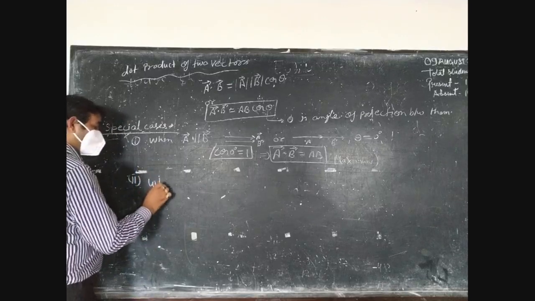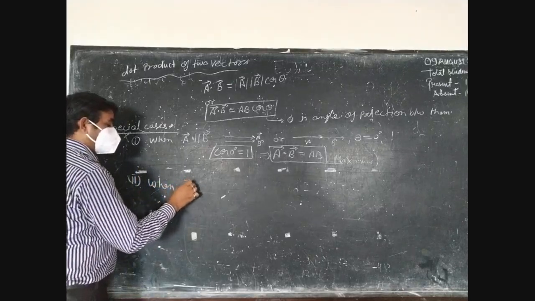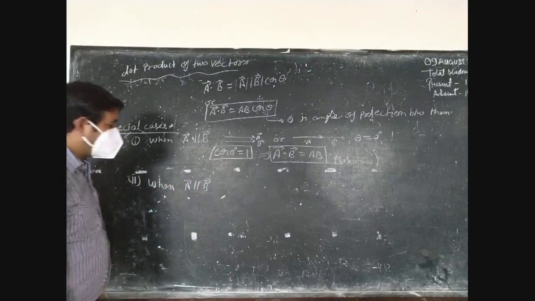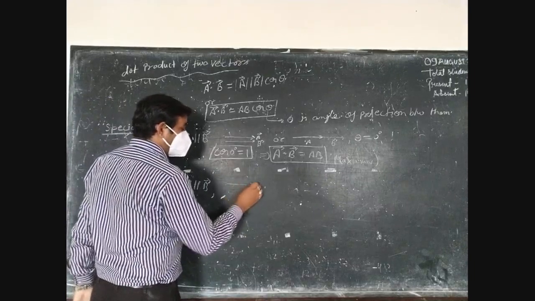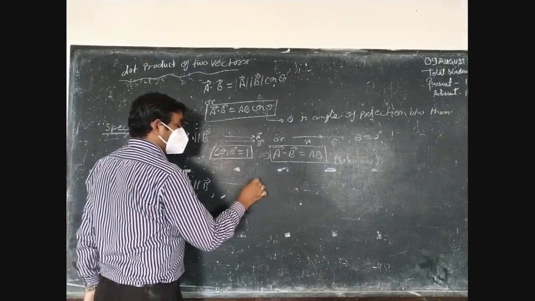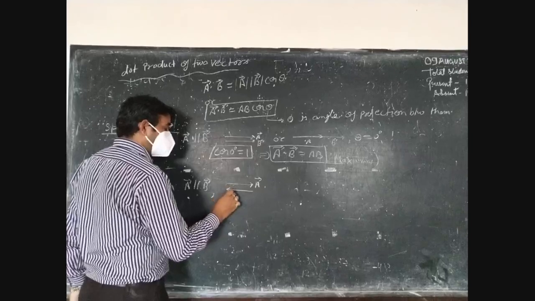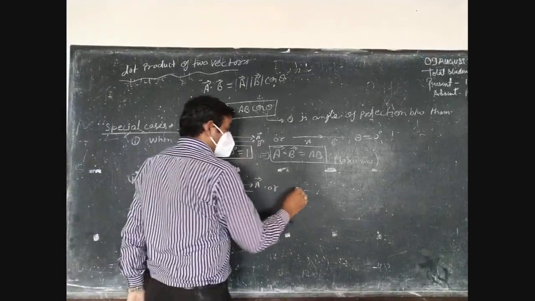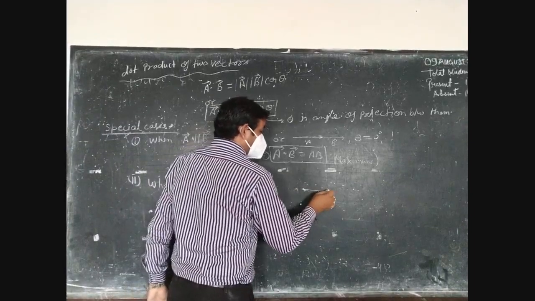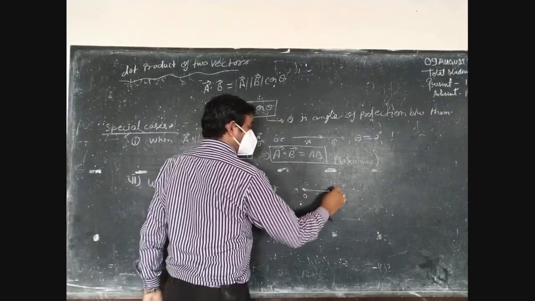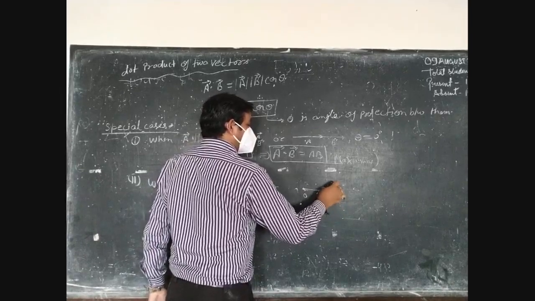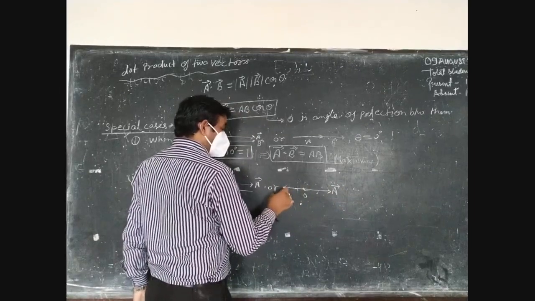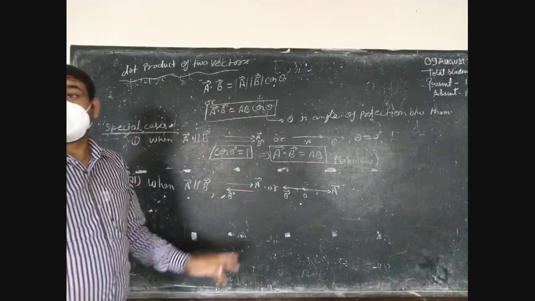Second, when vector A is parallel to vector B but both are anti-parallel, that is, vector A is acting towards right and vector B is acting towards left. Or you can say the two vectors act at a single point O, with A towards right and B from the same point towards left.